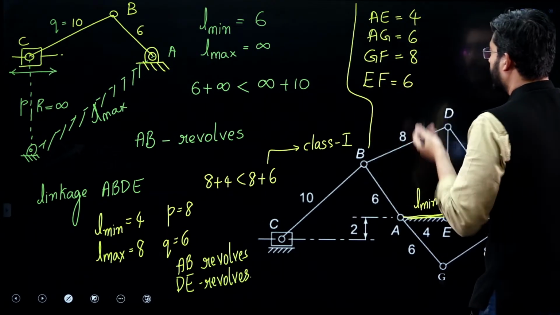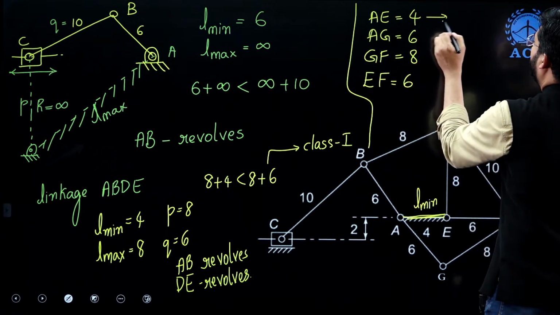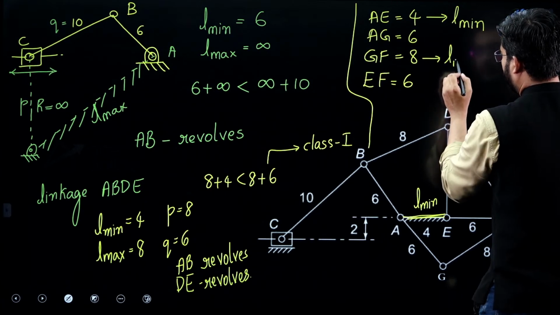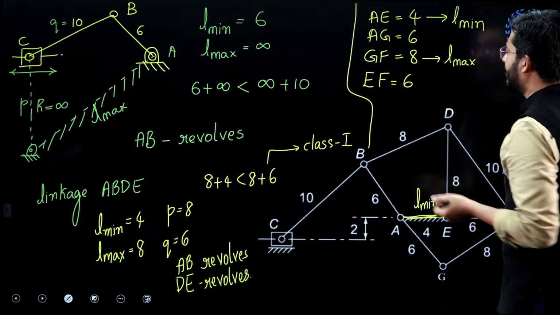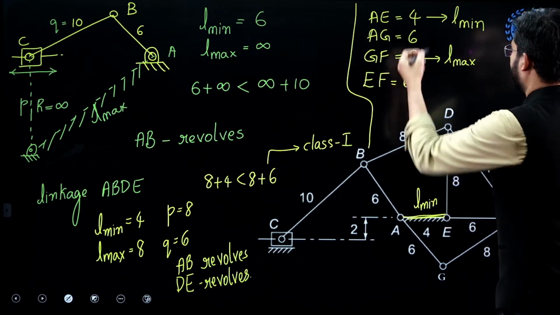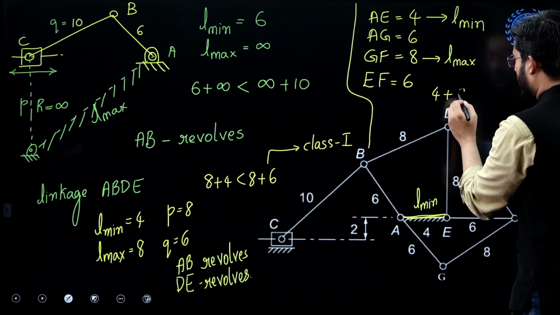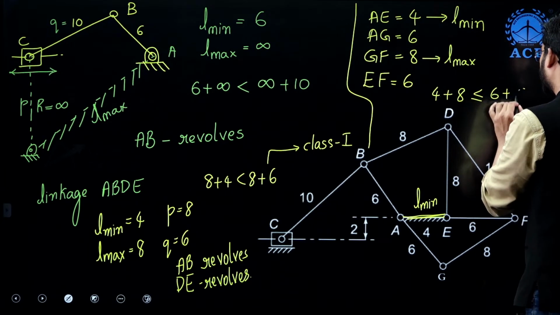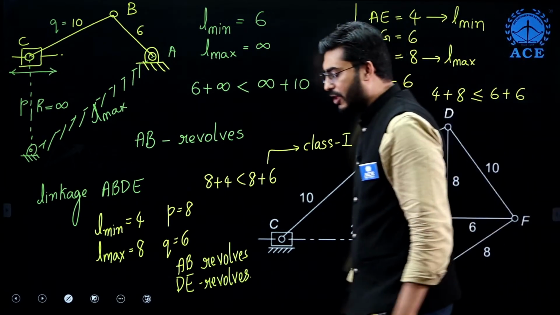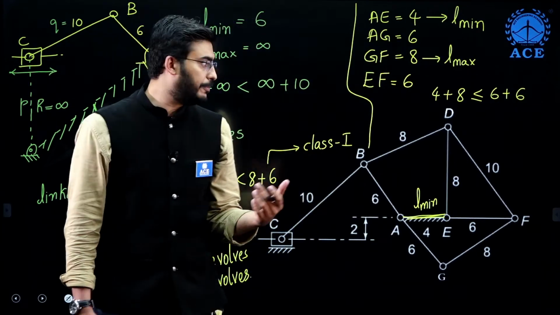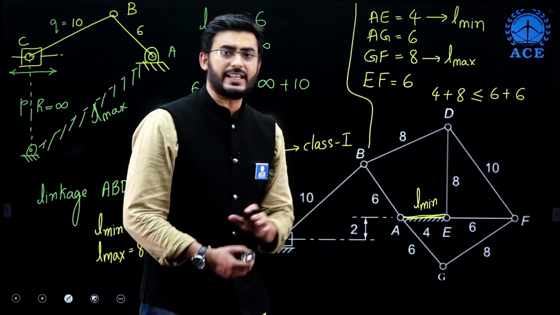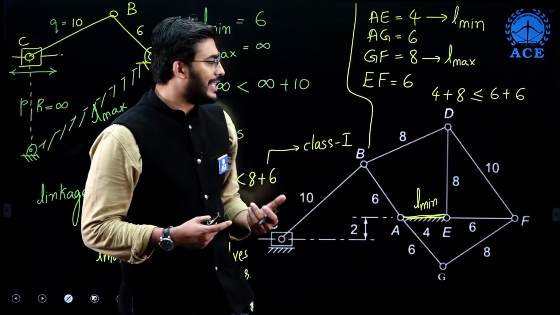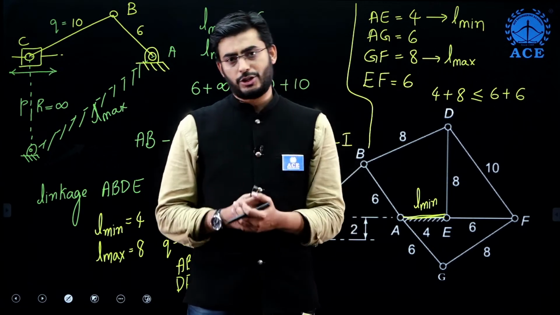So now here this is definitely L minimum and this is L maximum. So L minimum plus L maximum, that is 4 plus 8, which is equal to 12. It should be less than or equal to 6 plus 6. That should be the condition. If L minimum plus L maximum is greater than P plus Q, then it is a case of non-Grashof's linkage.